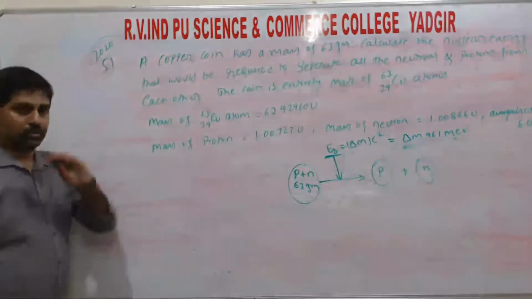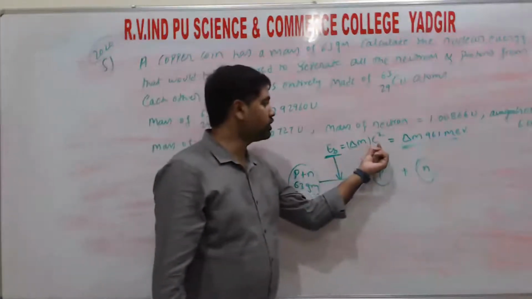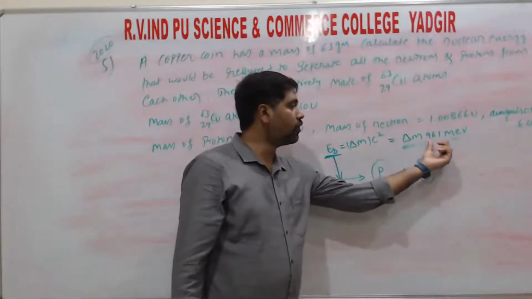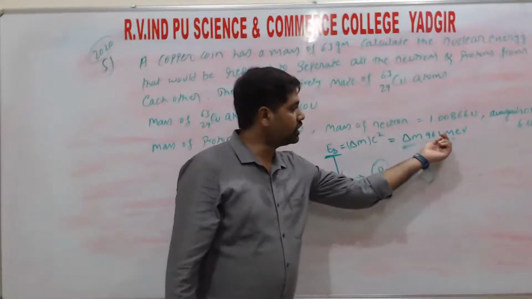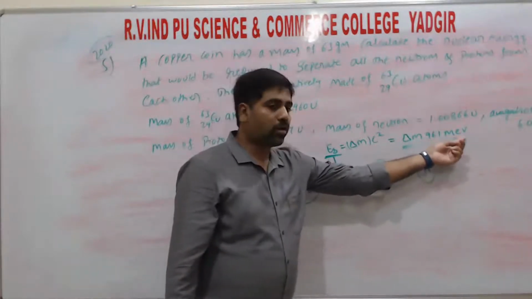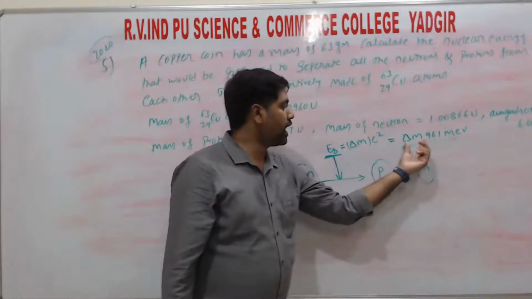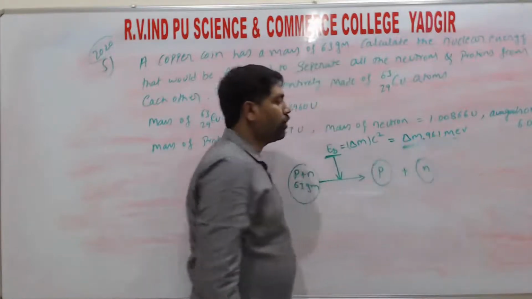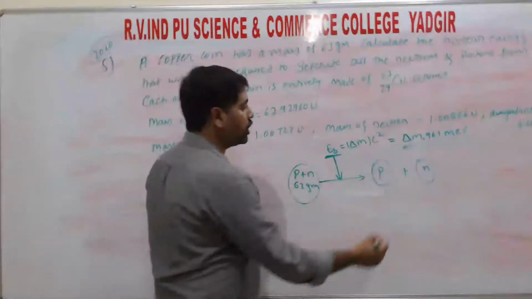Converting from joules: this is in the form of joules. So converting these joules in terms of mega electron volt, because the energy which we measure in this chapter is in electron volt. So we have delta M into 931 mega electron volt. So this value is constant.